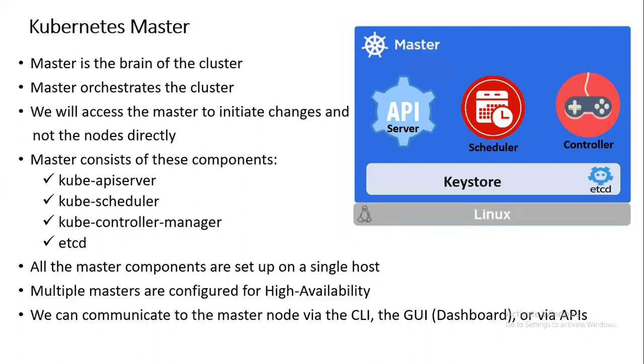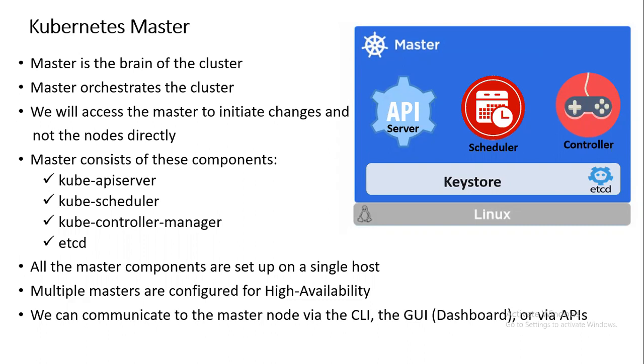All the input that the user gives will be received by the API server. And then the API server will store that information, what you have given as a desired state. For example, I want two containers, port mapped to 80, and a particular volume that should be there, all those kinds of things.